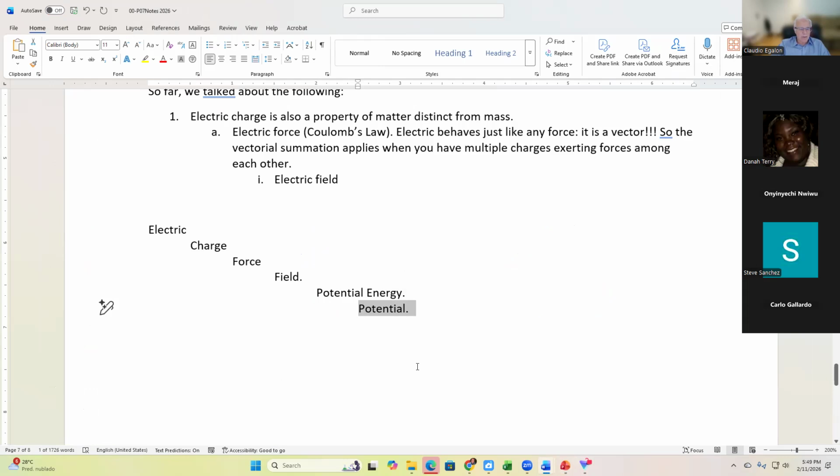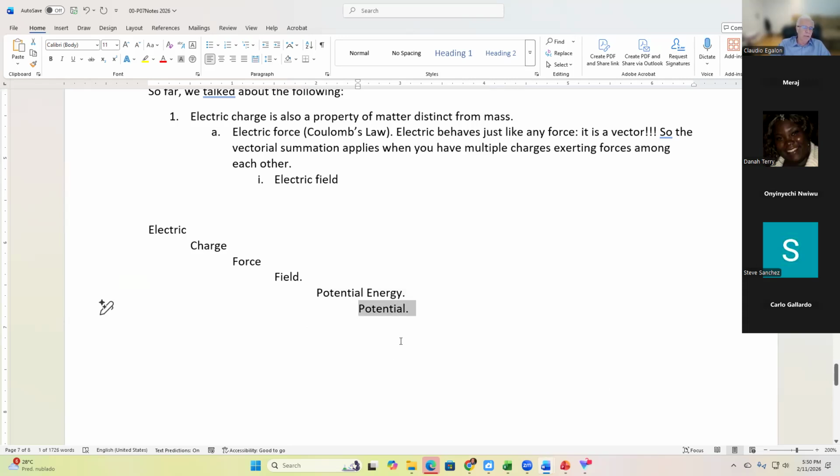So in the meantime, try to refresh your mind about the idea of gravitational potential energy that we had before in physics 6, because there is a close parallel between the electric potential energy and the gravitational potential energy. The only thing that's going to be new for us in electricity is the electric potential.